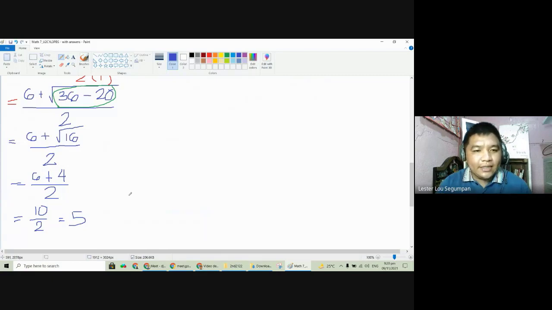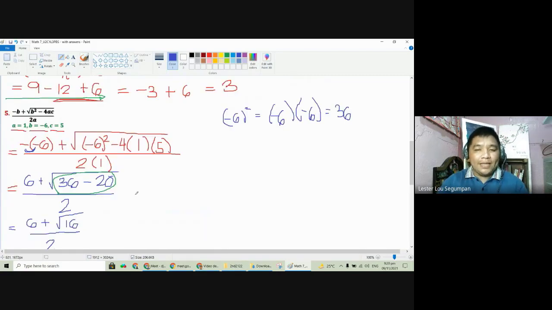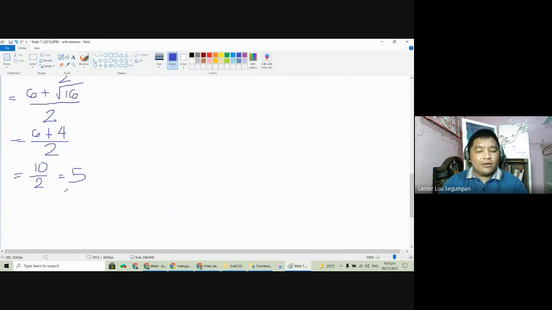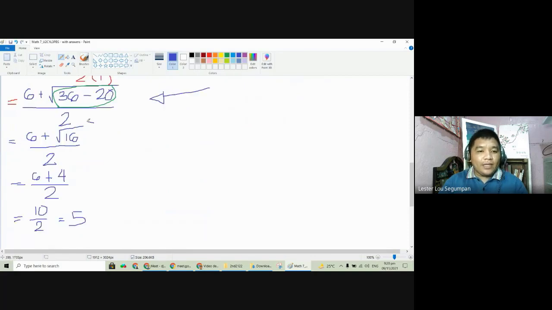So the process here, number 5, may look complicated or long. The first step is always substitution, and you go from there, go with MDAS, or GEMDAS rather, and then slowly, by slowly, have the values here. We are just lucky that in this expression, the principal root is a rational number, which is 4.